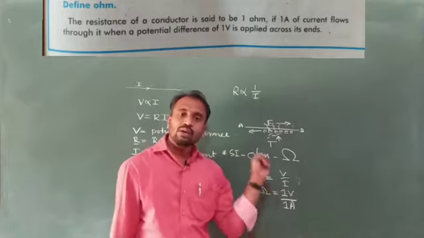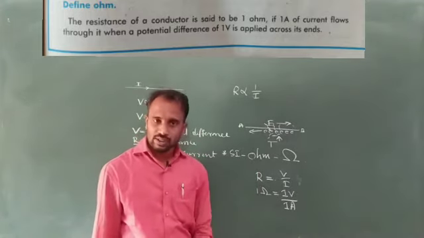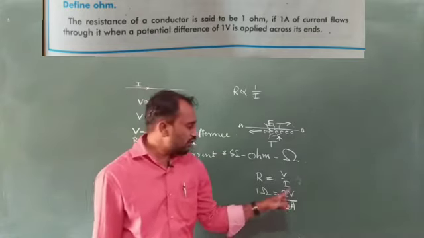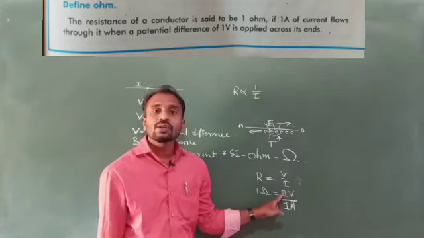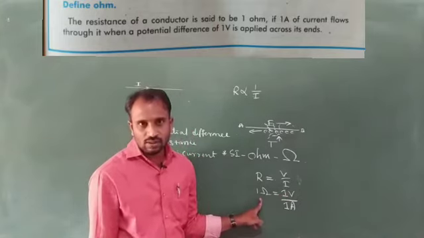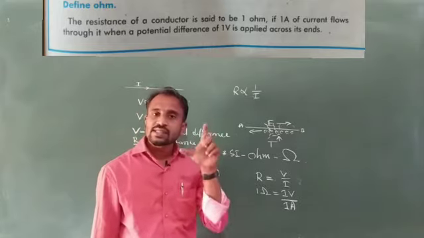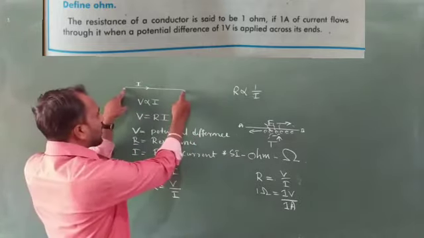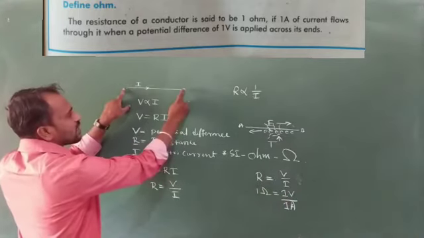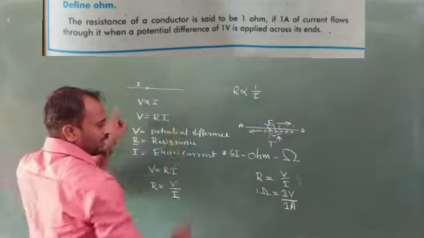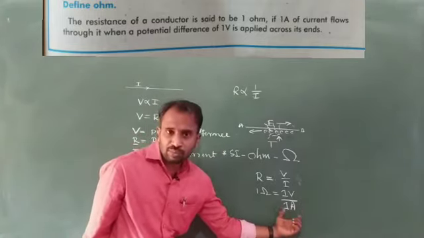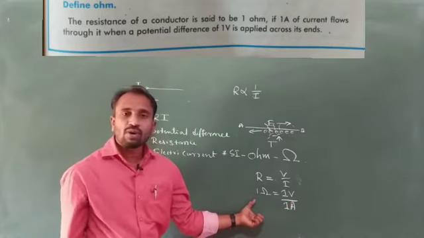It means that if 1 ampere of current flows through a conductor and the potential difference across its two ends is 1 volt, then we get 1 ohm of resistance.